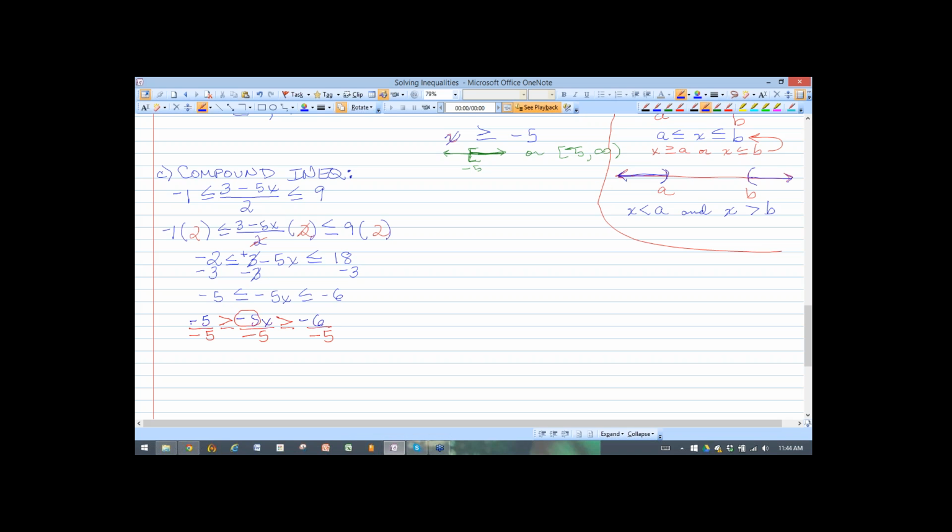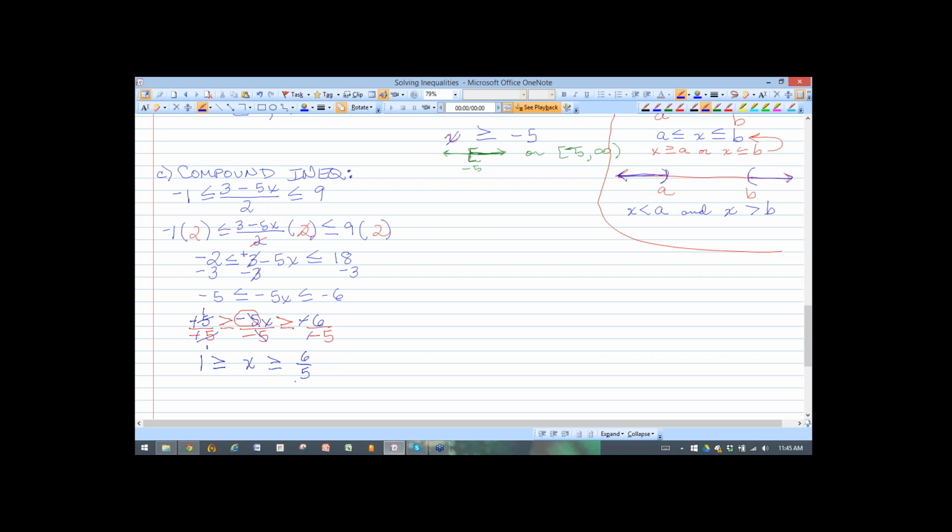We'll have positive 1, these guys cancel, positive 1. Now, greater than or equal to, and I'm going to write the direction a little differently in a minute. These have canceled, and I have x greater than or equal to positive 6/5.